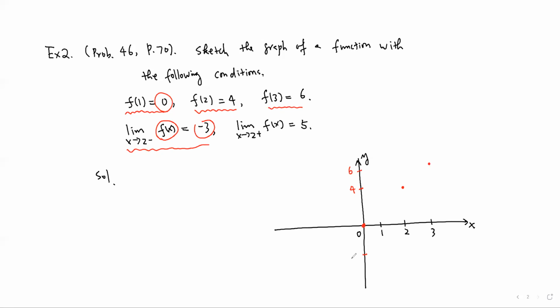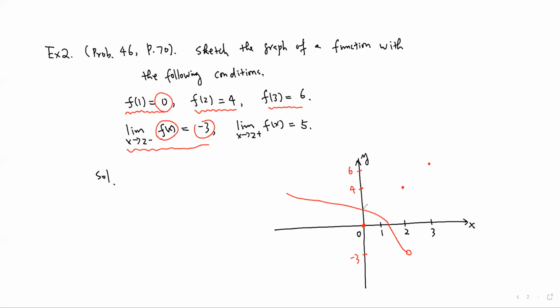Say -3 is here. So the graph goes like this. Because this point is not part of the graph, I put an open dot here. Part of the graph is this solid point.